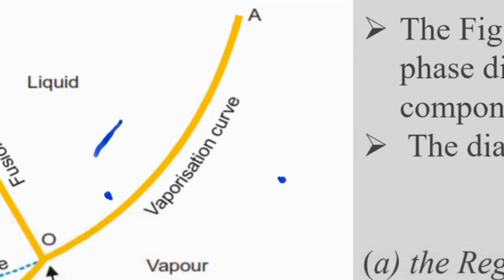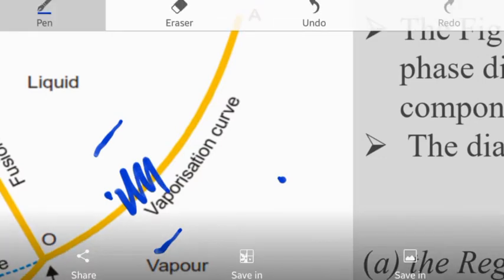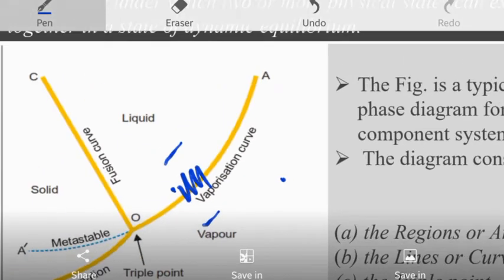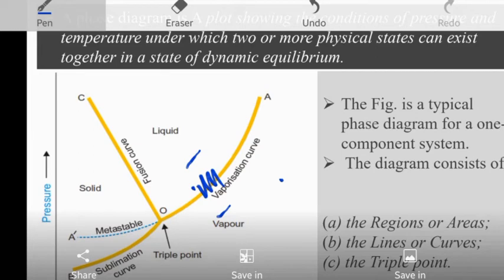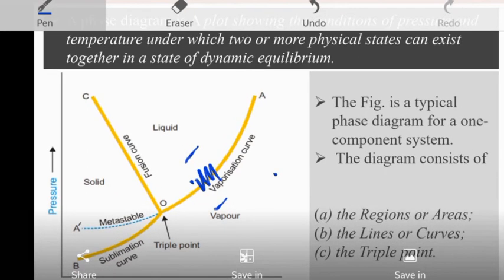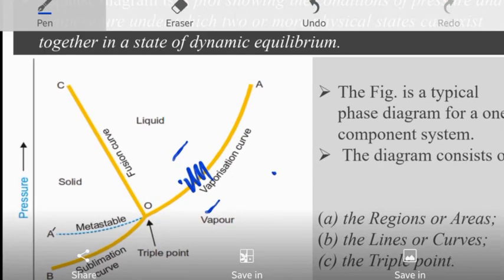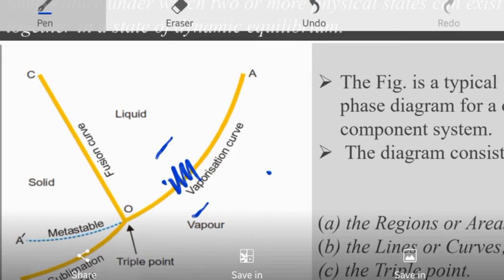If one of the phases is a vapor, the pressure corresponding to this equilibrium is just the vapor pressure of the substance. Therefore, the liquid-vapor phase boundary shows how the vapor pressure of the liquid varies with temperature. Here this is the temperature and this is the pressure, as mentioned.